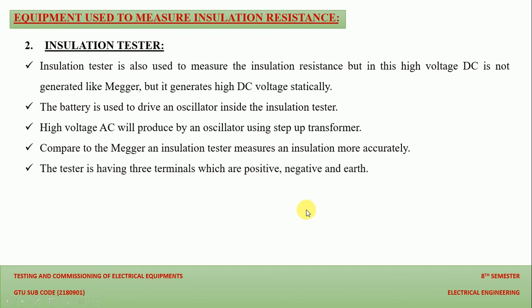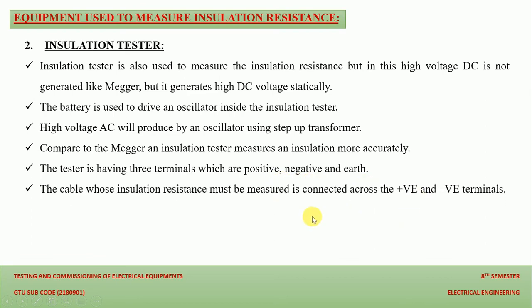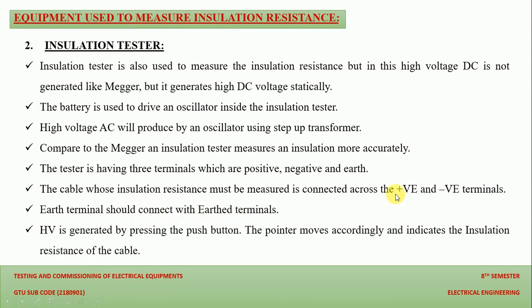And the tester has 3 terminals, same as the Megger, which are positive, negative and earth. The cable whose insulation resistance must be measured is connected across the positive and negative terminals, as we had used in the case of the Megger also. The earth terminal should be connected with the earth point, where we have a common earth of the system.